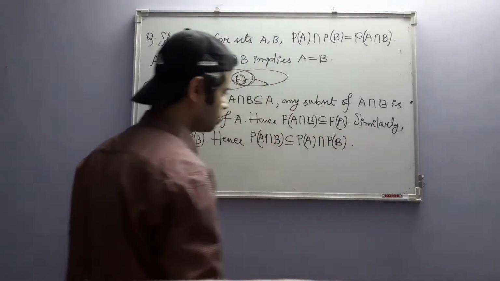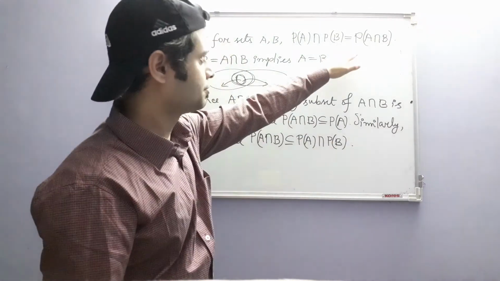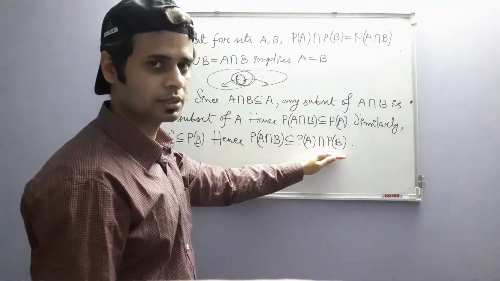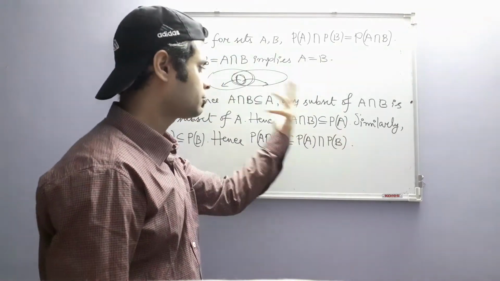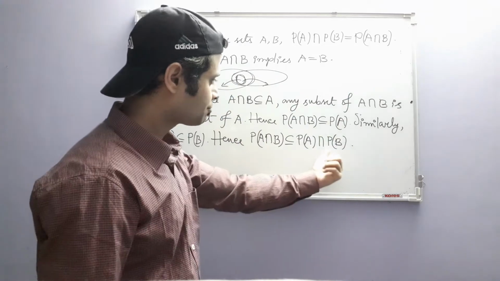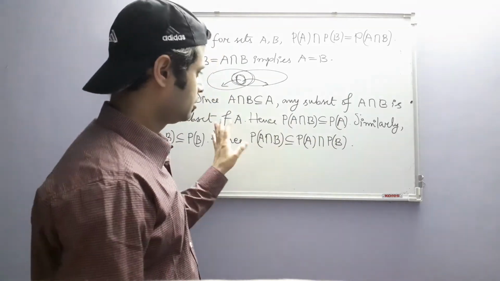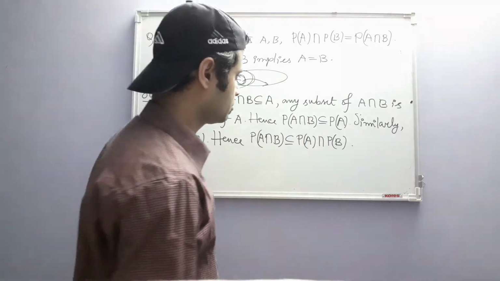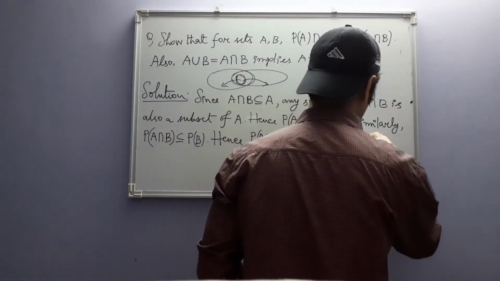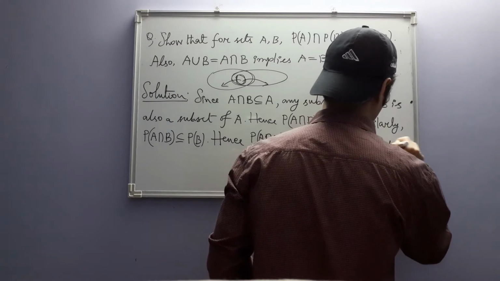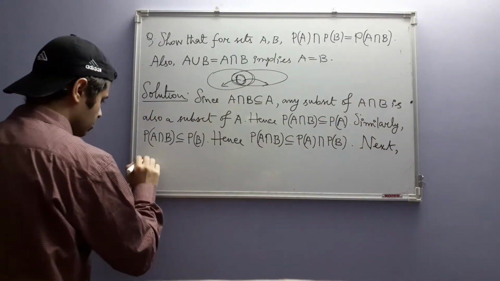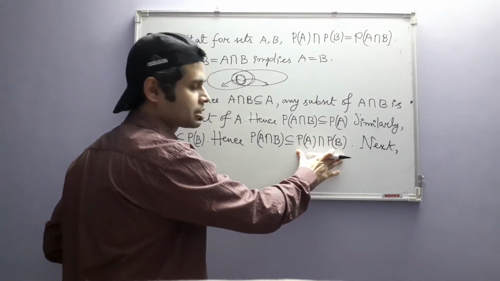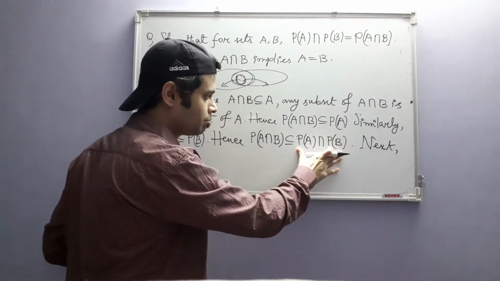So we have been able to show one part of this equality, this relation. Now we have to show the opposite one. We have achieved this one without considering any element, but for the opposite one we have to consider an element. But here element means what? These are power sets, an intersection of two power sets.